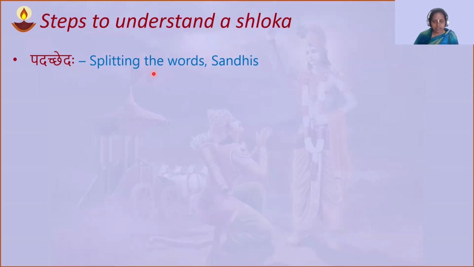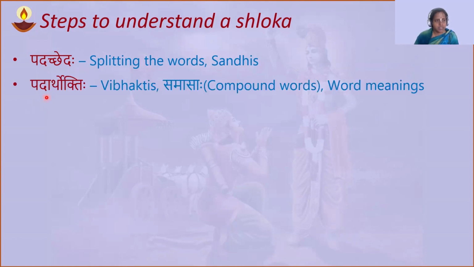So splitting the words means we need to understand Sandhis. Sandhis are the transformations that happen between letters when they come together. For example, Rama plus Alayaha becomes Ramalayaha. We have not studied Sandhis, so don't worry. For this step I will give you the answer directly, and gradually we will study some Sandhis also.